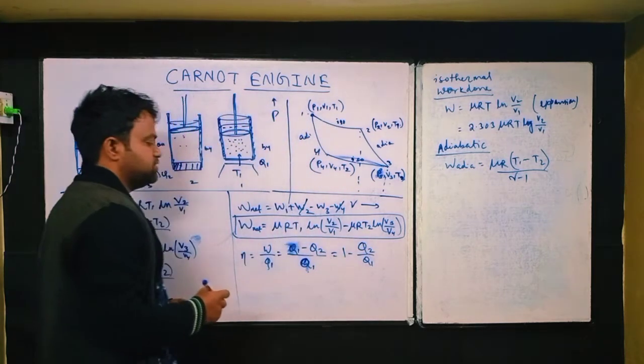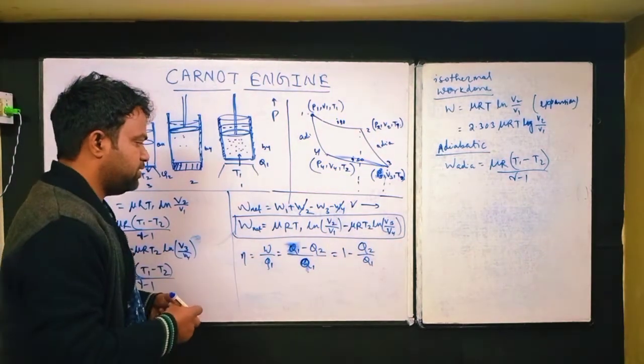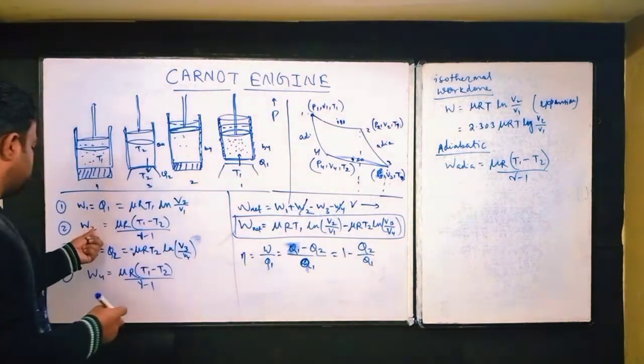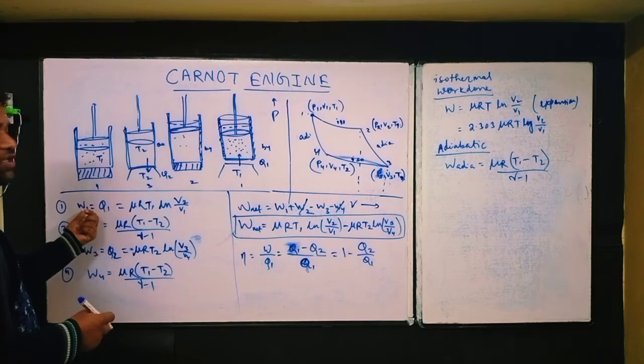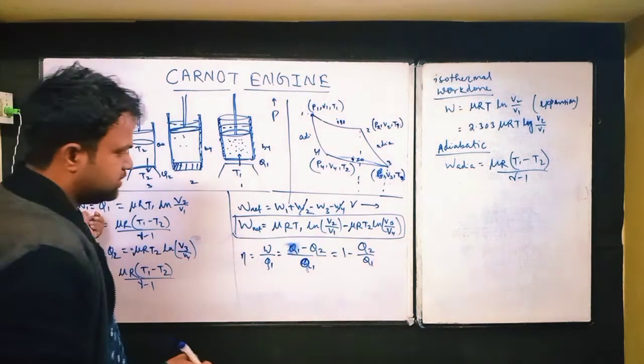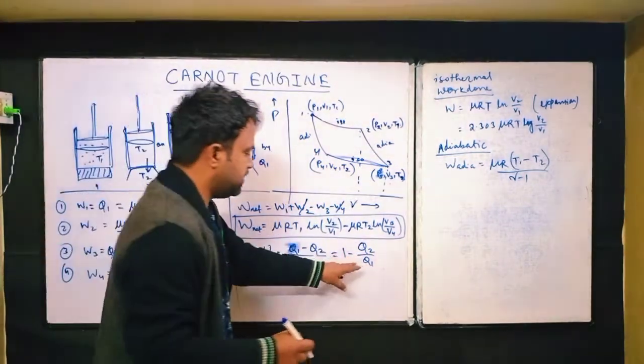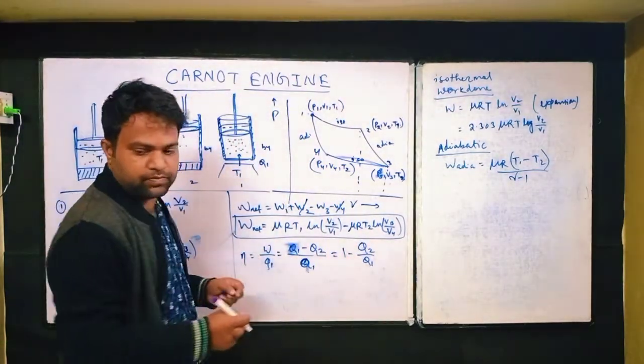This is the efficiency basically, right? So Q2 is your W3, and Q1 is your W1, so you can divide here and calculate the efficiency.